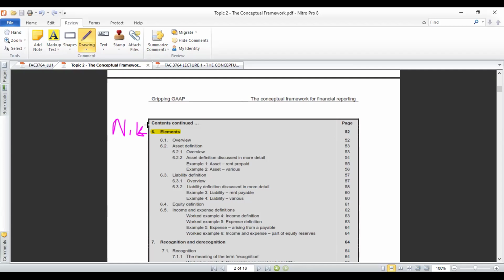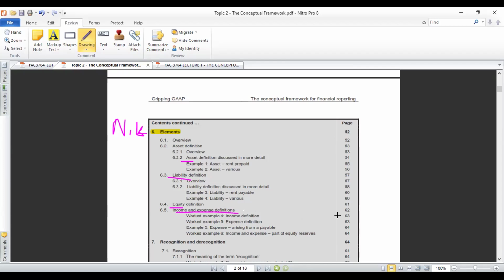And what they'll just want you to do, for instance, it could be just a case whereby you need to evaluate whether a particular transaction in the context of the question qualifies to be considered as an asset. In other words, you need to assess that transaction on the basis of the elements or attributes of what makes up an asset. Or it can be maybe on the basis of what makes up a liability, or on the basis of what makes up equity, or on the basis of what makes up incomes and expenses, you see? So it's very, very important. They can ask you anything around that.